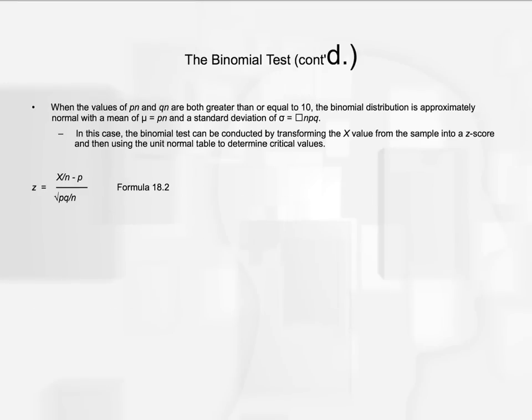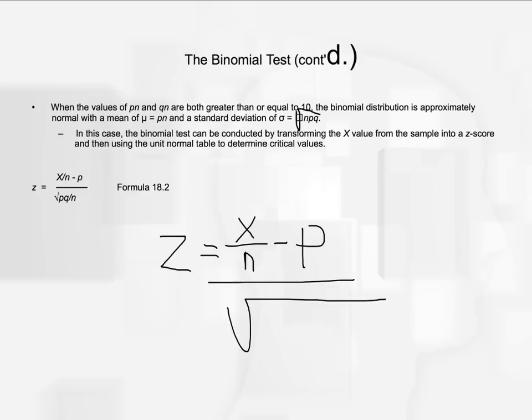We'll be writing our formula slightly differently. We'll have Z equals X divided by N, which is the sample proportion, minus P, the population proportion, divided by the standard error of the proportion, which is the square root of PQ over N. And remember that Q equals 1 minus P. So this formula should look similar to you.